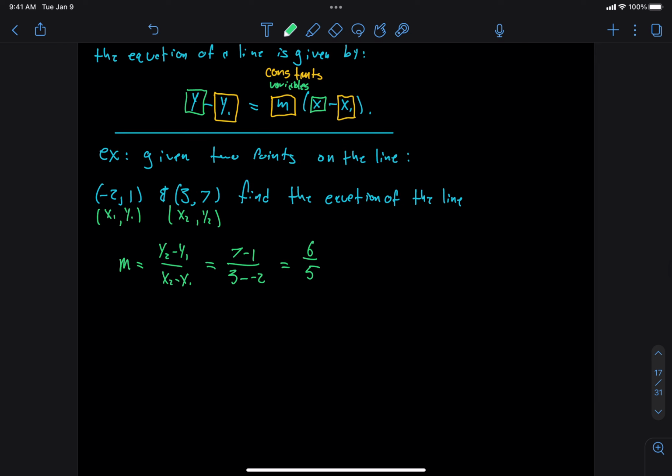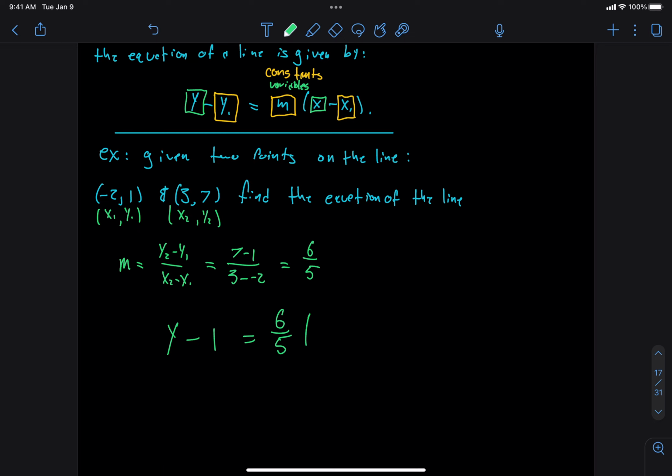The first thing I write is y, because y is a variable, not a constant. Now comes a minus sign. And what am I going to put here? 1. I'm going to put 1 here because that's what y1 is. Okay, now an equal sign. Then what? 6/5. And then a parenthesis.